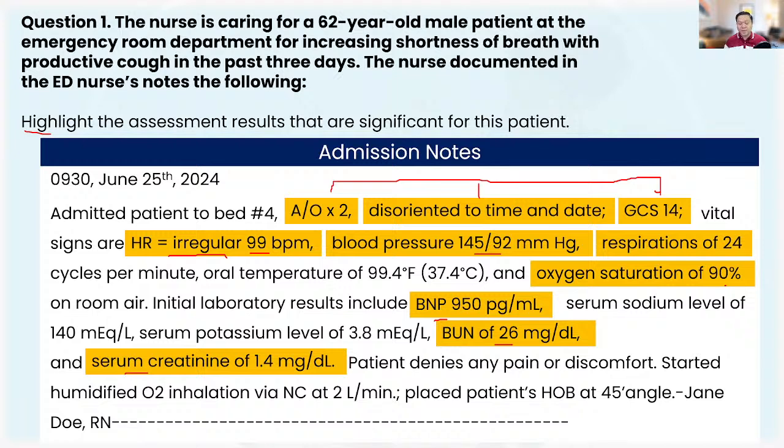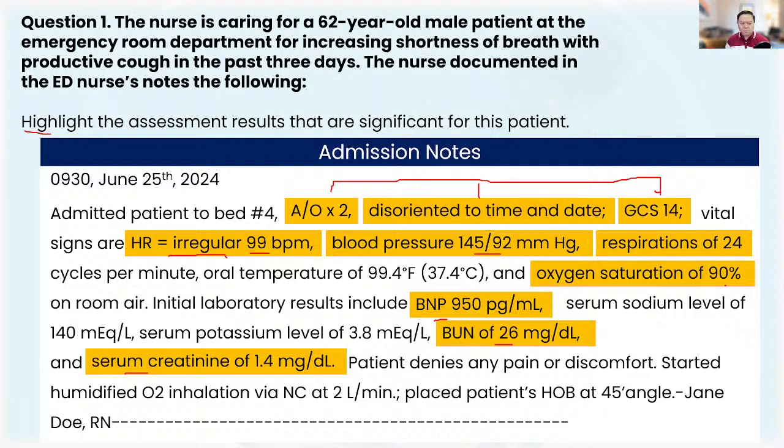Remember about the AO times 3: it means that the patient is alert to self or person, alert to time, alert to place. In some cases you might see documentation of alert oriented times 4, but it's rarely seen in the NCLEX. In clinical practice we often see alert oriented times 4, but in the NCLEX I don't usually see the AO times 4, just the AO times 3.